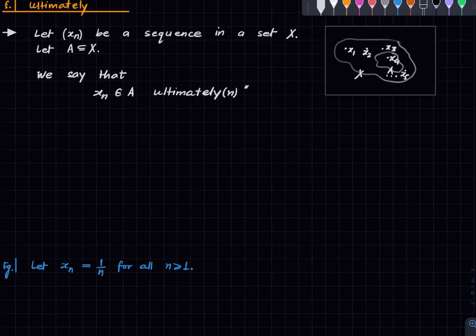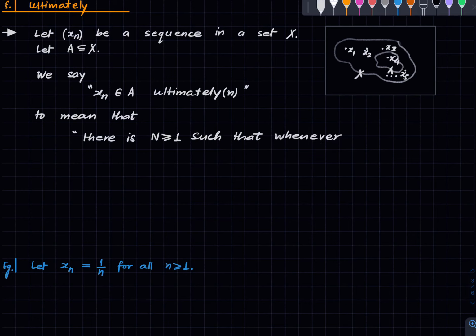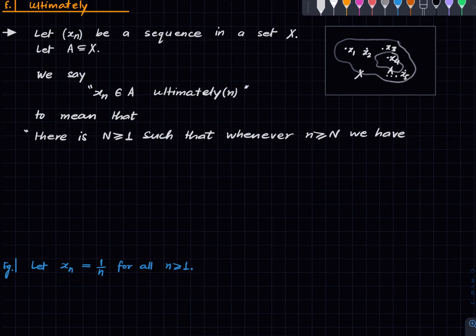So we say this to mean that there is a natural number capital N such that whenever little n is at least capital N, we have xn in A.